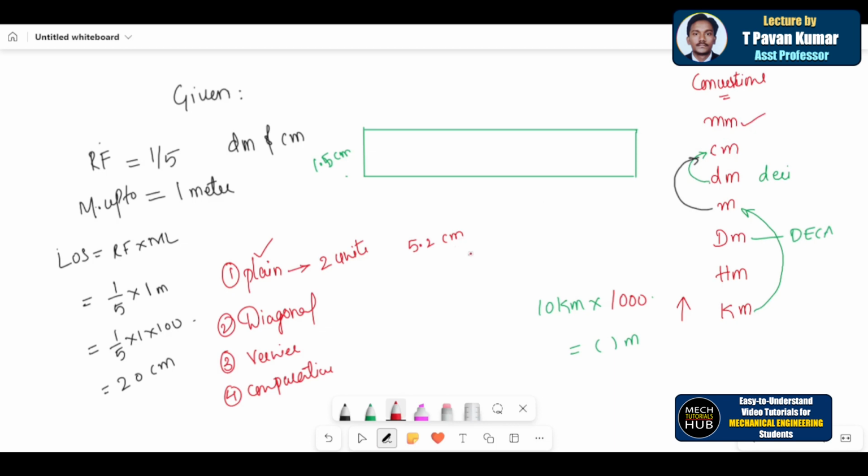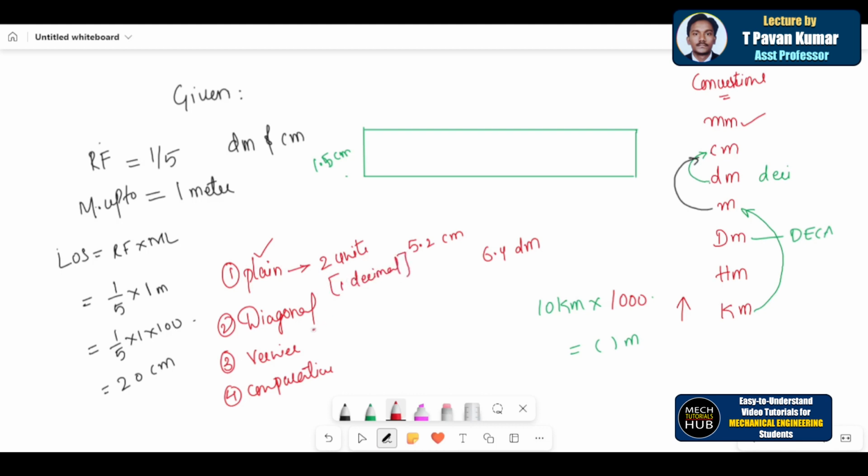Similarly, if I want to measure a distance of 6.4 decimeters, then 6 decimeters, 0.4 centimeters. So I can measure up to 2 units with 1 decimal point only.